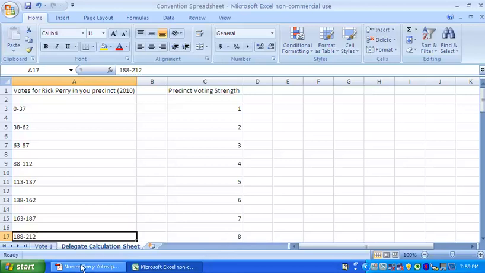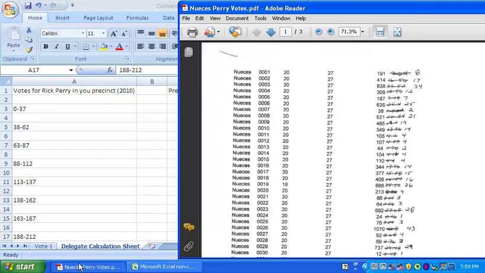So once again, we're going to bring back up our sheet here, and this sheet is going to be obtainable from the county clerk's office. It's very important that this information is accurate, because all the calculations will be based off of that information. So the most accurate place to get that from is your county clerk's office, because of the redistricting issues that we've gone through here in Texas.